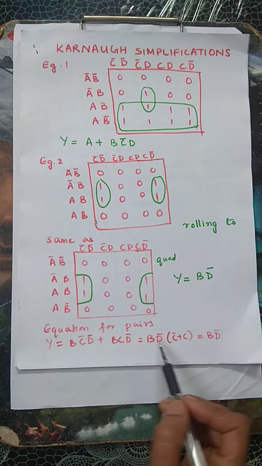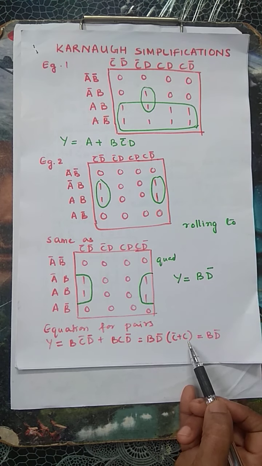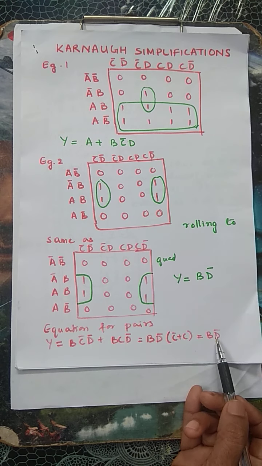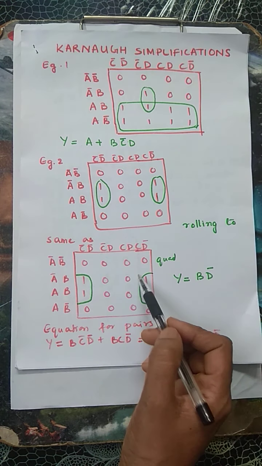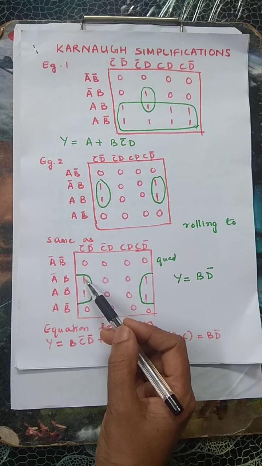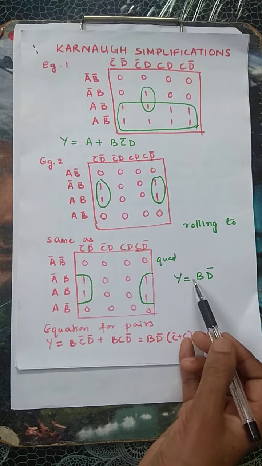This can be further simplified by taking B D complement common outside, into C complement plus C. C complement plus C is 1. So you'll get again B D complement. The same thing we got simply by looking at the Karnaugh map and eliminating the input which is changing from uncomplemented to the complement form. So you can understand how simple it is.